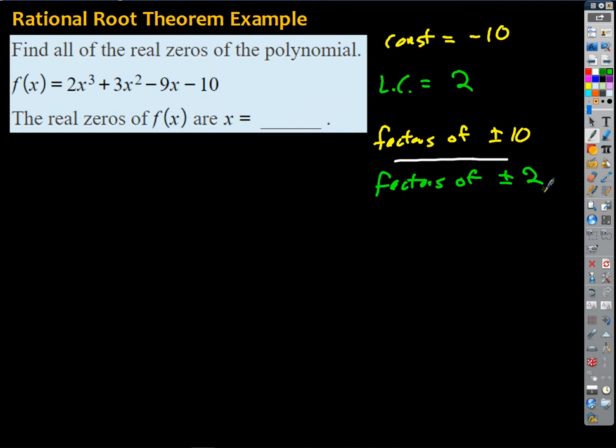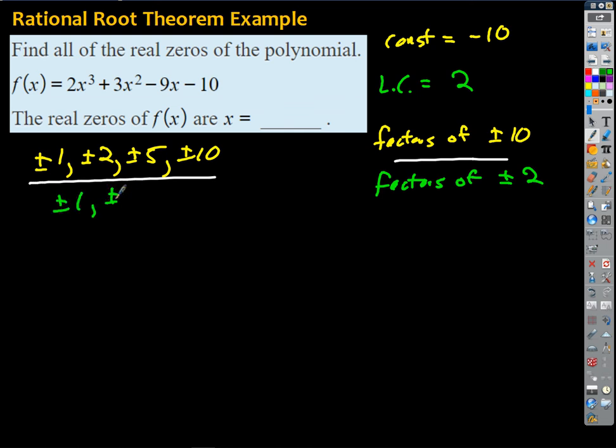Okay, so let's think about what are all the factors of 10? 1, 2, 5, 10 would be the factors of 10, including 1 and 10. So on the top, we're going to get plus or minus 1, plus or minus 2, plus or minus 5, plus or minus 10. Factors of 2 are pretty simple. Those are just going to be plus or minus 1 and plus or minus 2.